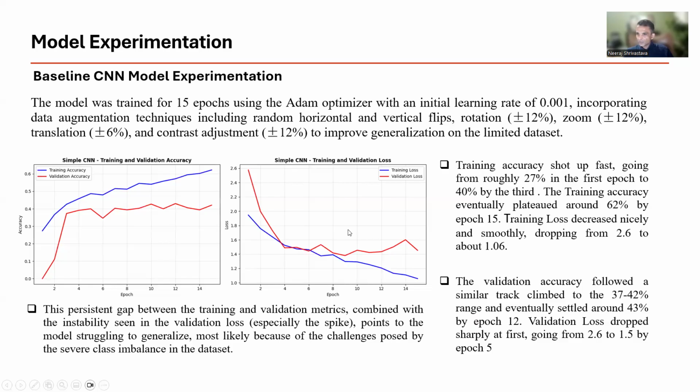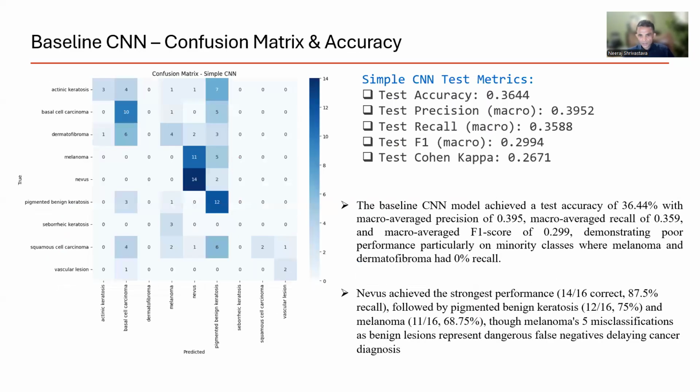The validation accuracy followed a similar track, climbed to the 37 to 42% range, and eventually settled around 43% by epoch 12. This persistent gap between training and validation metrics, combined with the instability seen in the validation loss, points to the model struggling to generalize, most likely because of the challenges posed by the severe class imbalance in the dataset.